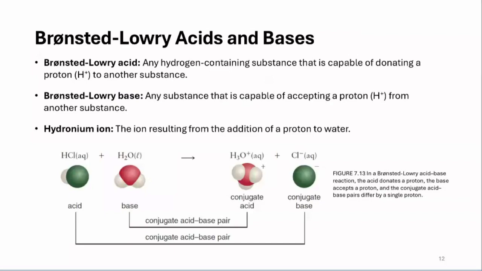Remember that in this process, the transfer is specifically an H plus. So if your molecule starts at neutral and it loses an H plus, then what remains is gaining a negative charge. Because it started as neutral and lost that H plus, the remaining atom is going to have a negative 1 charge.